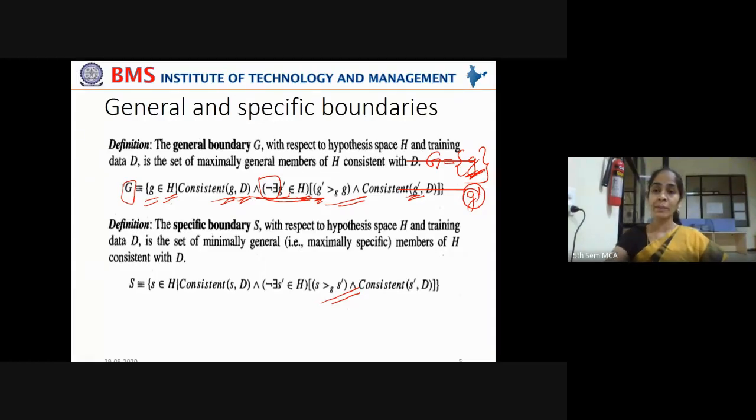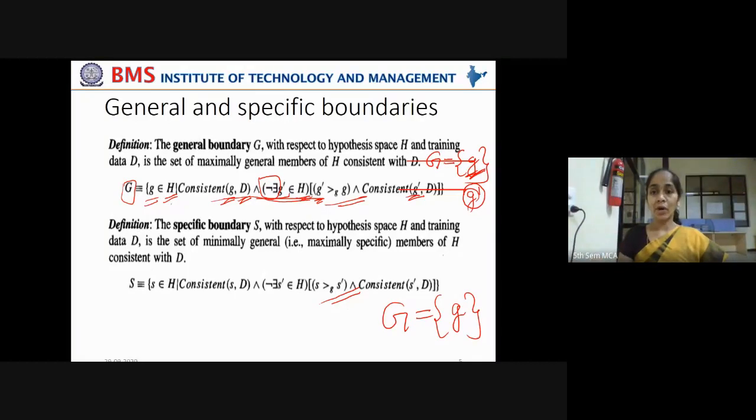I'll read it the other way. You should not have any other general hypothesis that belongs to hypothesis space H, which is consistent with D, that is more general than G. I'm repeating again. Whenever you take a general boundary set having a hypothesis G, consider.